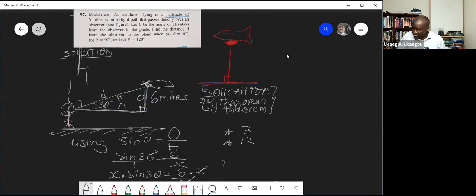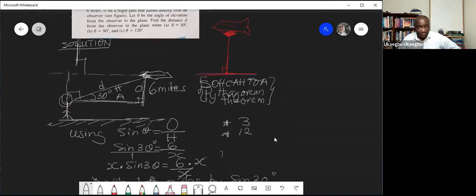And remember they said that the plane is flying at an altitude of 6 miles. So what is the distance when the person is looking at 90 degrees? Wouldn't it be 6? It will be 6.